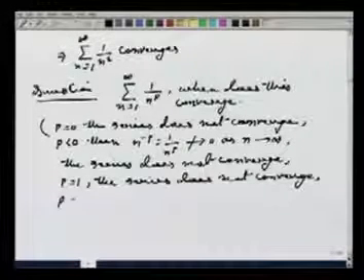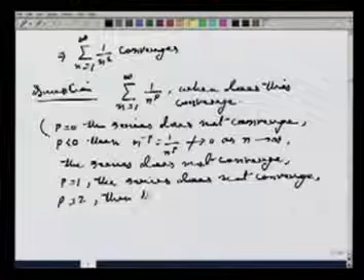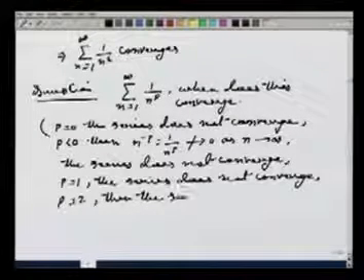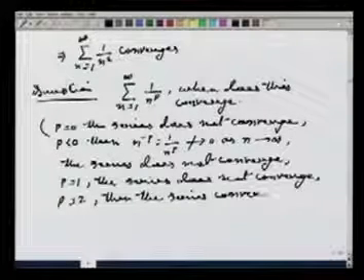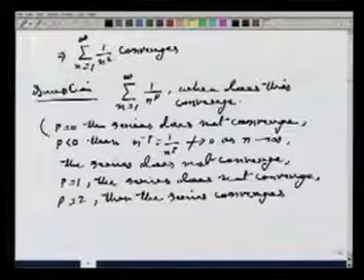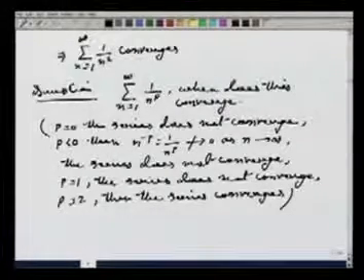And if p equals 2, then the series converges. Okay, but what about other values of p? So that is the question we are interested in. That is, what are the precise values of p for which summation n from 1 to infinity 1 by n to the power p converges?